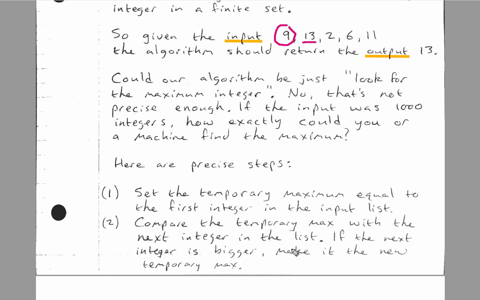If the next integer is bigger, then make it the new temporary maximum. Okay, so think of variables storing different numbers. At the beginning, this temporary maximum variable is storing the 9, but then comparing the 9 with the 13, yeah, the 13 is bigger, so now we're going to store 13 in that temporary maximum.